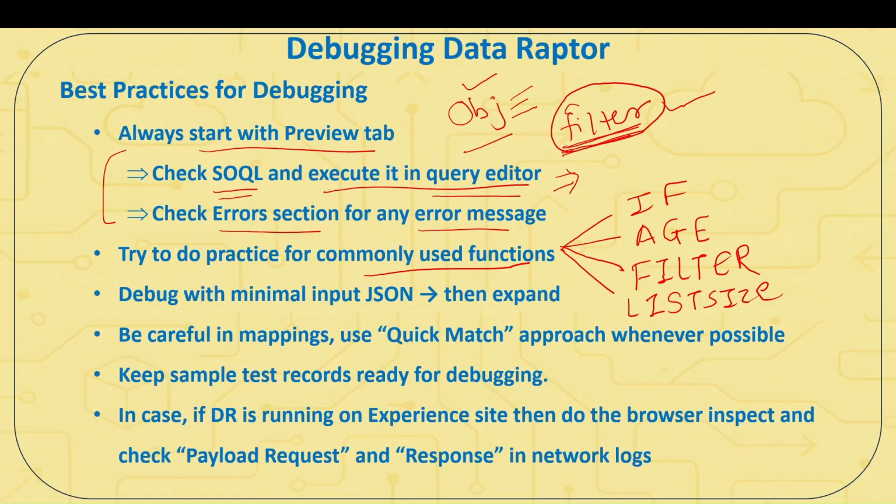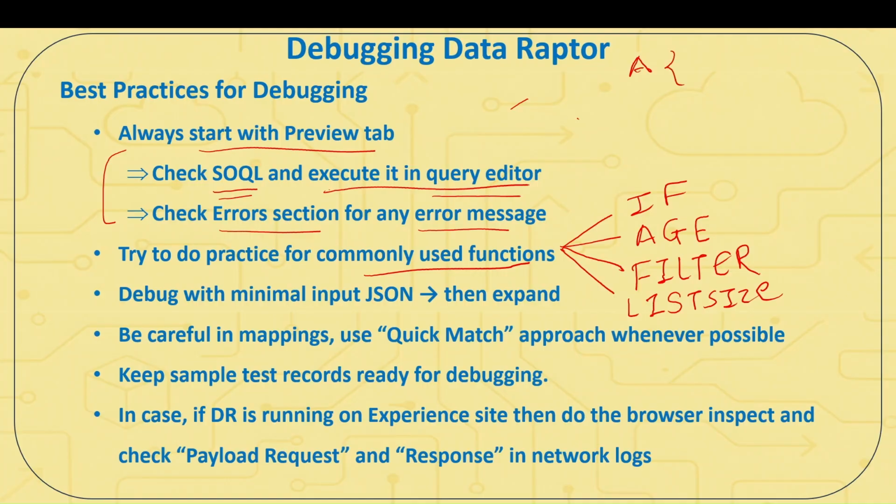Also, if we have JSON with a multi-level hierarchy, for example, there is a node A and A is having some JSON, inside there is a B node, and B node is also having JSON and one field C having some value. Let's understand this.